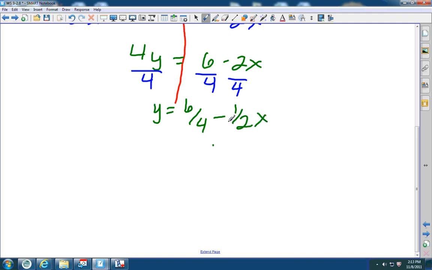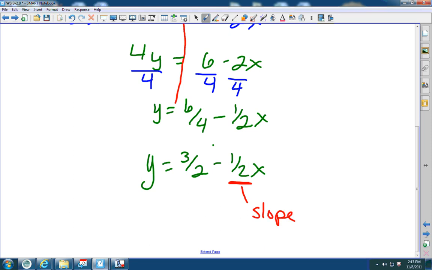I could leave it as 3 over 2 minus 1/2 x. This number right here is my slope, and this is my y-intercept. We could rearrange it and have y equals negative 1/2 x plus 3/2, and now we have it in slope-intercept form.